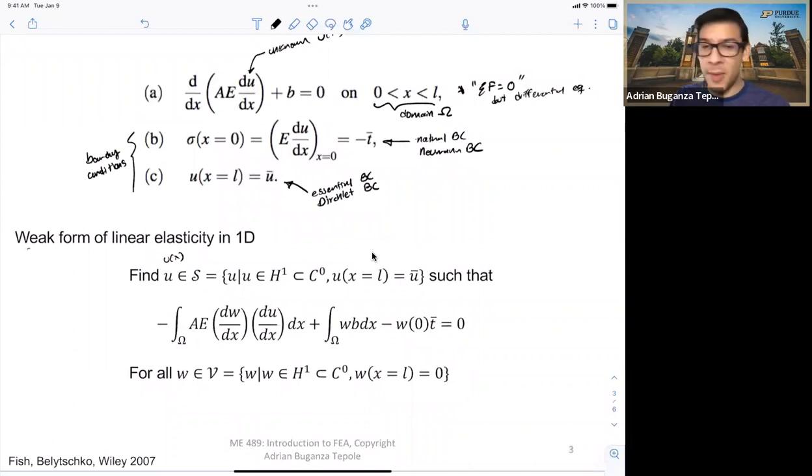This is the more formal way of writing it, which is u is in some space of functions, and that space of functions is such that it's H1. I'm gonna talk about what this means. So this is what type of function we want u to be, and then I'll talk just a little bit more about that in a sec, with the essential boundary condition.